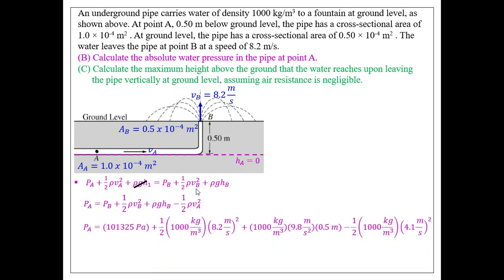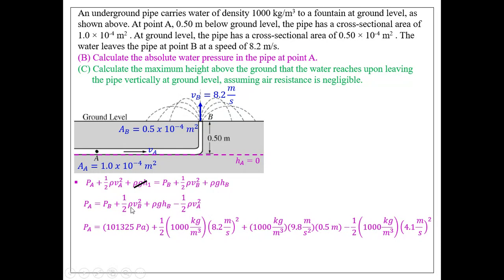As I stated earlier, the atmospheric pressure at point B is given. Atmospheric pressure is 1 atm, and 1 atm is equivalent to 1.01325 times 10 to the 5th Pascal. So this is a constant. This is just 1 atm that's been converted to units of Pascal. And then 1/2 is carried down.